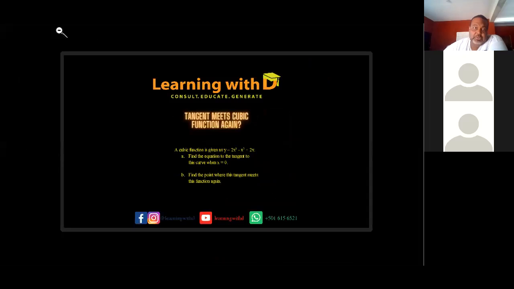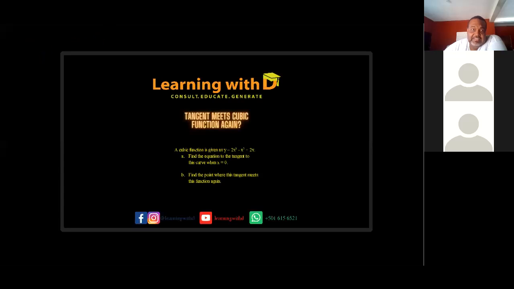You want to have your notebooks with you because we want to go step for step together, okay? Minus 2x cubed minus x squared.